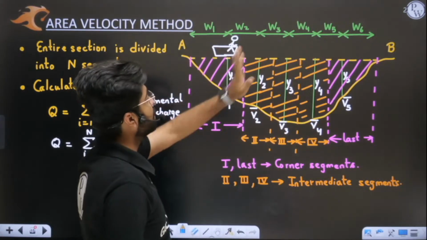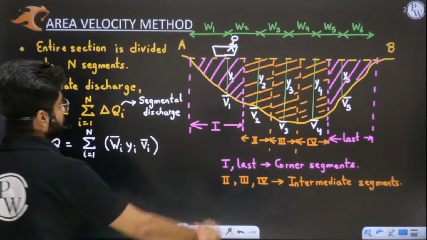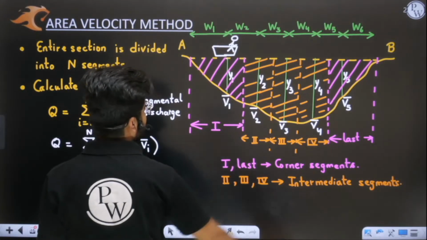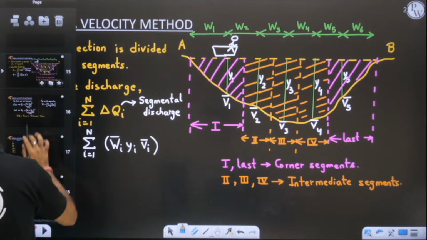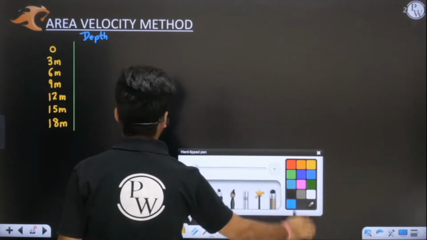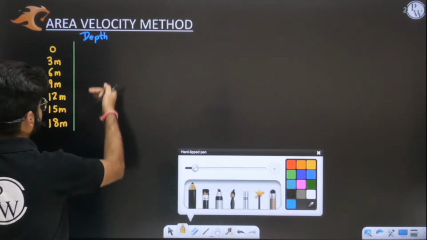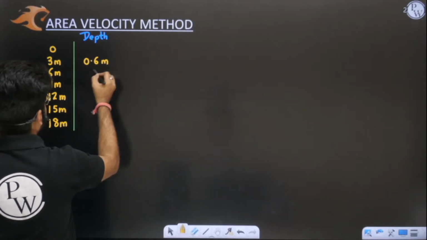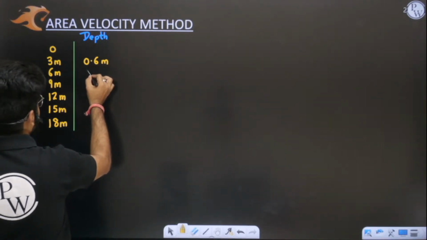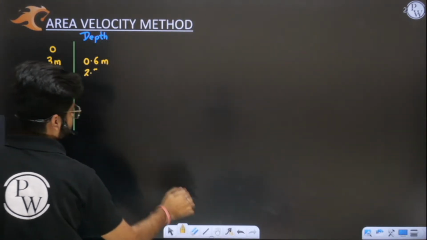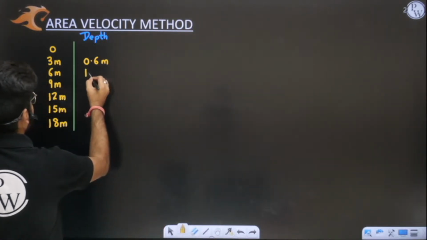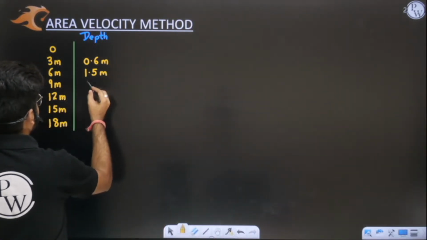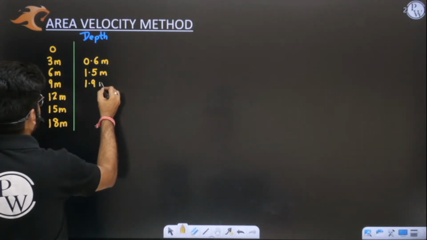These are all 3 meter gaps. The depth will be there for the intermediate ones. Let us say the depth here is 0.6 meter. Now the depth will increase, so let us say it is 1.5, and now let us say it is 1.9.